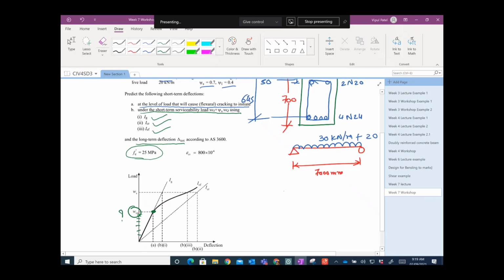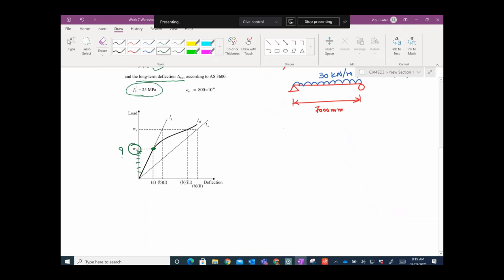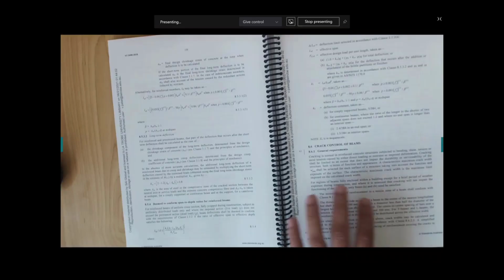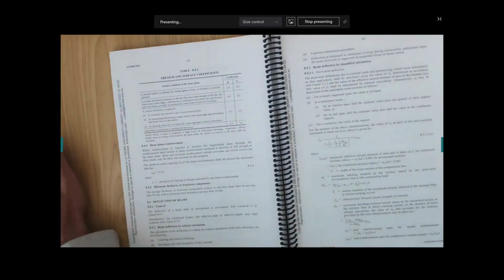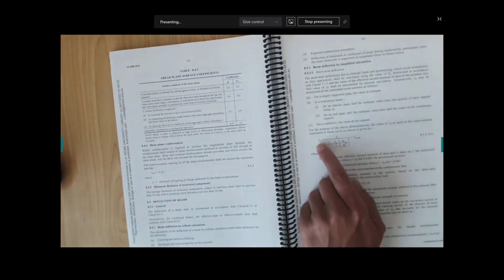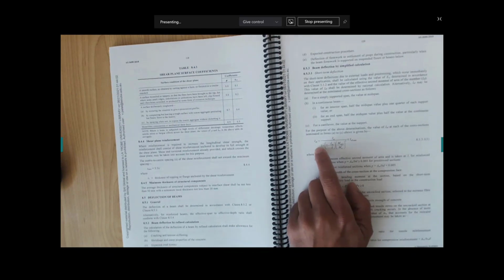Our ultimate goal is to find what we call I effective and I crack. So we want to calculate this I effective. Deflections are what you want to calculate, and I effective is what you want to calculate.